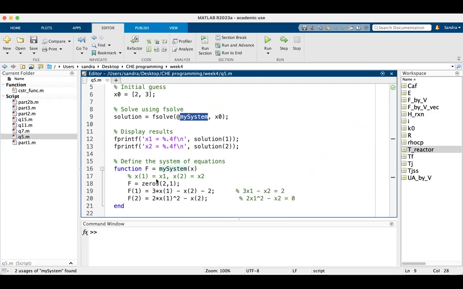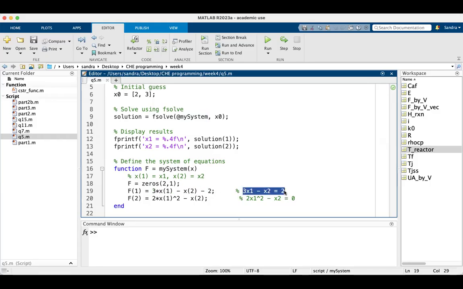Before that, we'll just see what the system looks like. The function name is my system, and it takes in two variables, x1 and x2. First, I'm just declaring the function vector to be 0, 0s. If you don't do this, it's also fine, but better you declare it to be 0. And then you enter the first function, that is 3x1 minus x2 minus 2. Why minus 2?